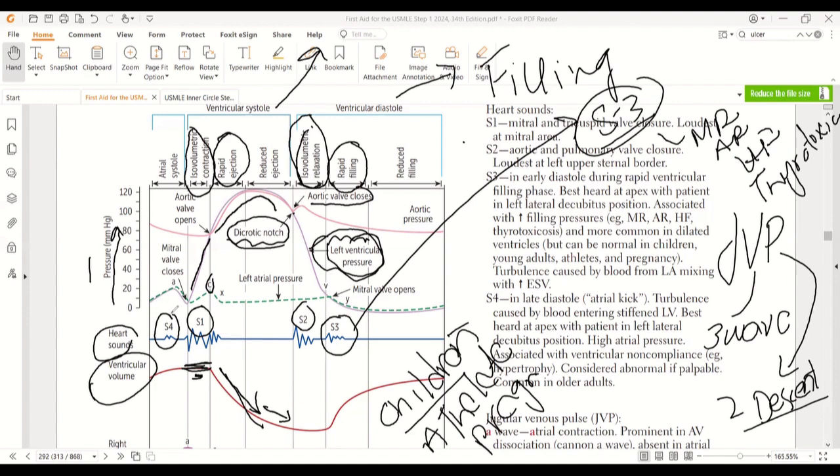I think Friedreich ataxia causes dilated cardiomyopathy. It leads to hypertrophic cardiomyopathy, which means eccentric left ventricle hypertrophy, right? Yes. Okay.